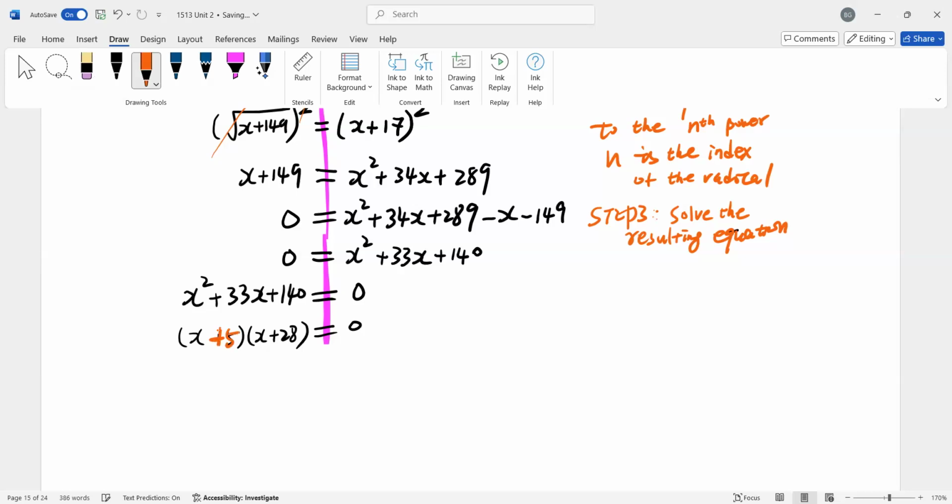Positive 5. Positive 28. Okay, so we solve the equation. We have x equals -5 and x equals -28. But not done yet. Step 4.